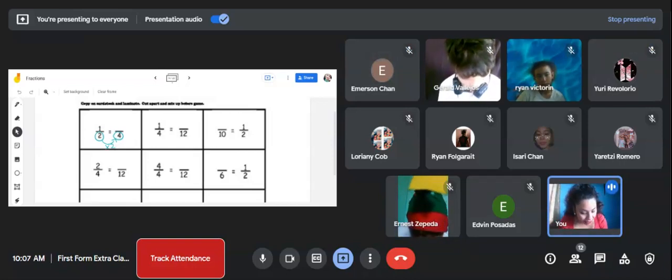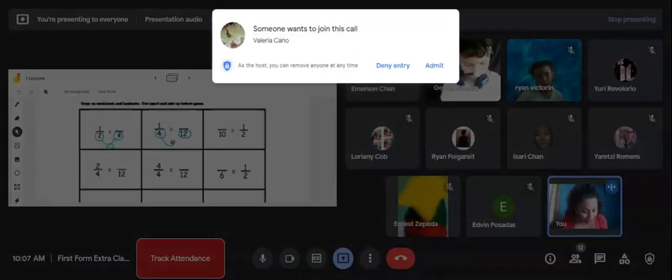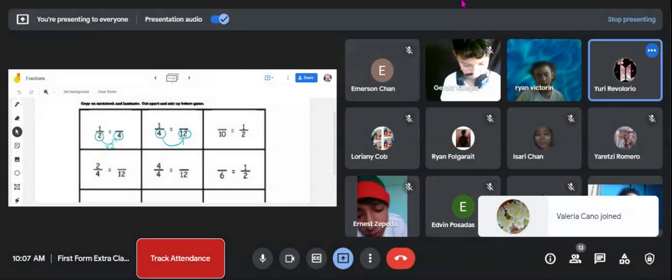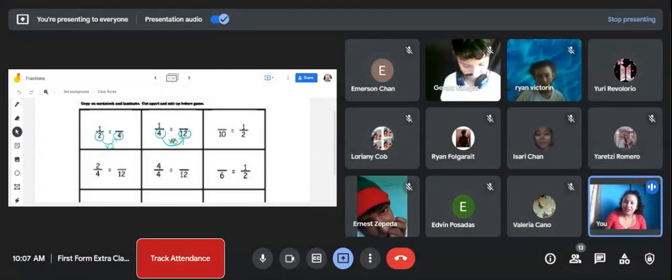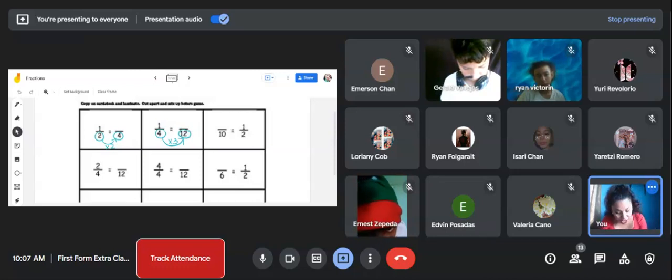If I talk about the 4 and the 12, by what did I have to times the 4 so that it gives me 12? 4 times 3, very good. And I have to do these things: whatever I do to the bottom, I'm going to do to the top. So what is 1 times 2? 2.